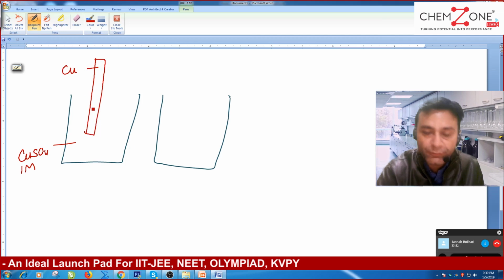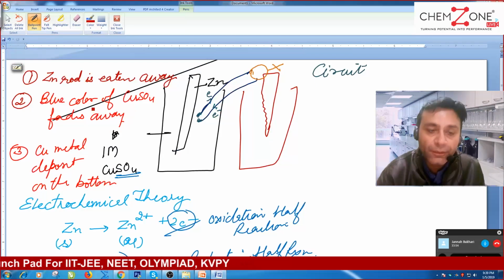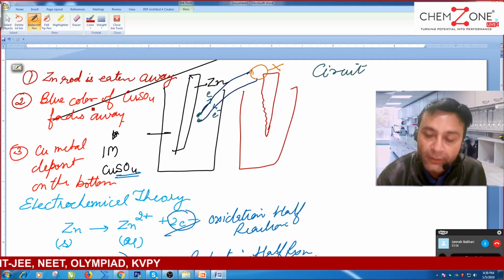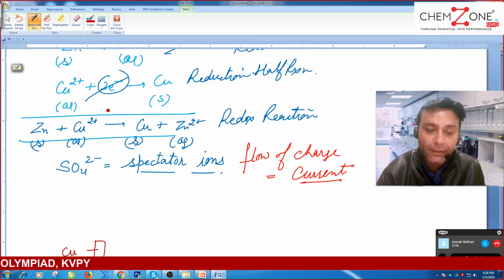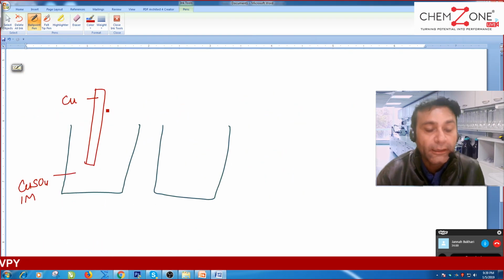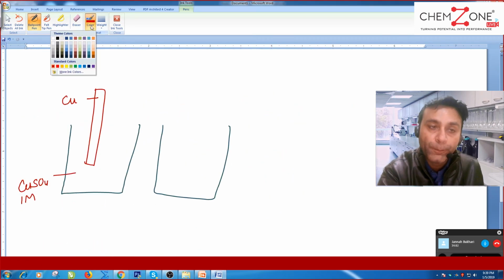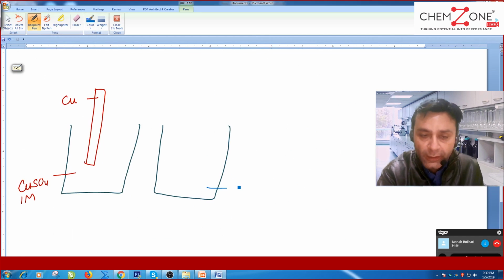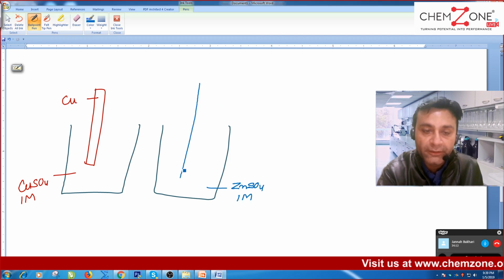In the previous case, in the copper sulfate solution we dipped the zinc rod. Reaction was taking place. But now in the copper sulfate solution I have dipped the copper rod. Reaction will not take place. And here I have a 1 molar zinc sulfate solution, and I have dipped the zinc rod. Now nothing will happen.